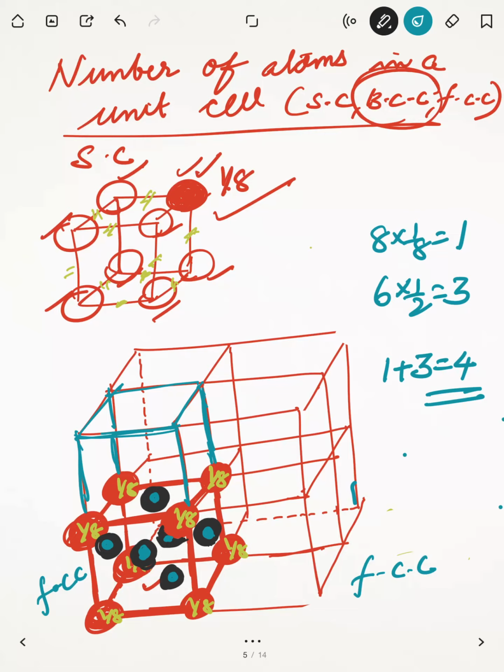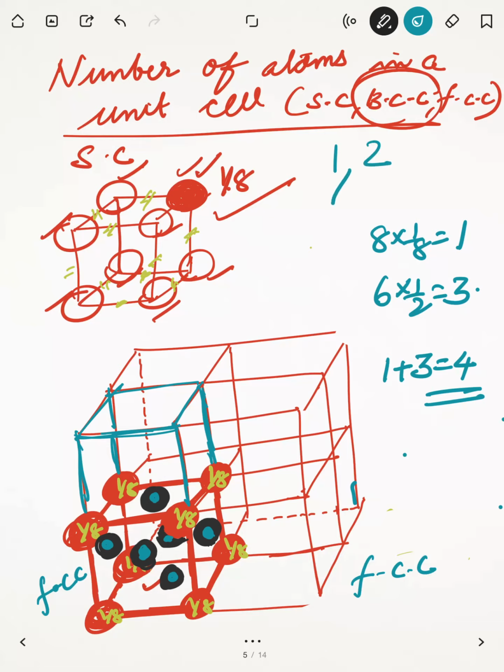This crystal lattice is made up of FCC unit cells. So the number of atoms present in FCC is 4. Once again, the number of atoms present in simple cube is 1. Total number of atoms present in BCC is 2.